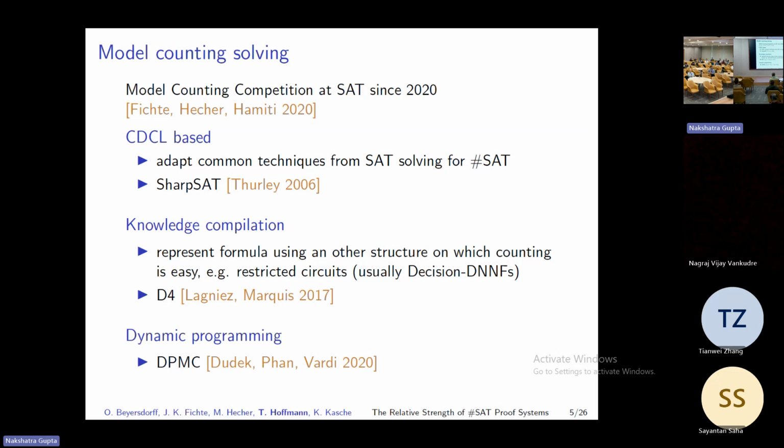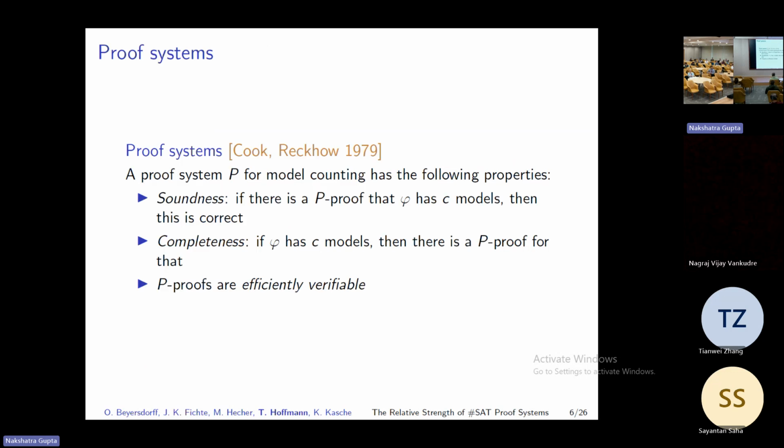In our paper we have a more theoretical focus, and for that we use proof systems. A proof system is a very general framework that can be used for many problems or languages. If we apply it to model counting, then a proof system has to satisfy 3 properties. First of all, it has to be sound.